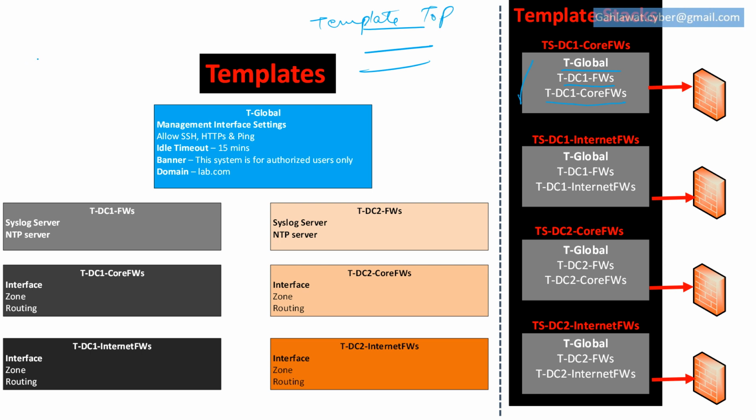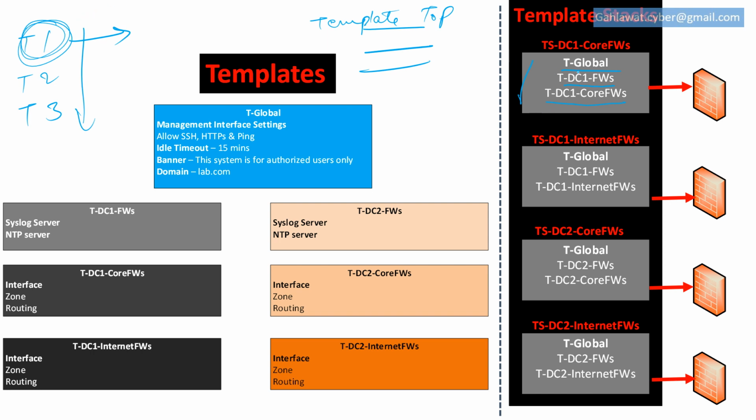So if there are multiple templates, let's say T1, T2 or T3, and this is the order, and if these have some common settings, like let's say NTP is defined in all of them, then the value which the firewall will inherit from this template stack will be from T1, because that is sitting in the top position in the template stack.